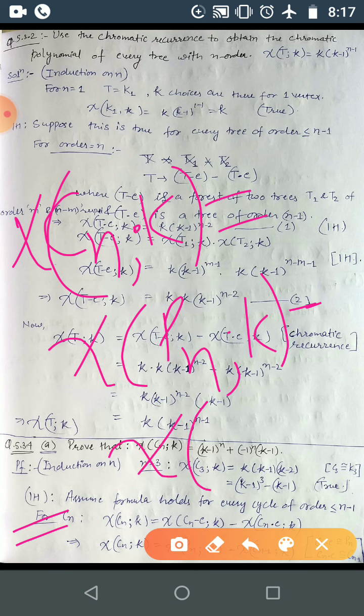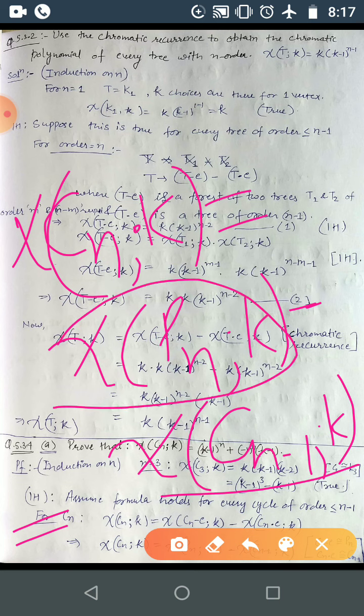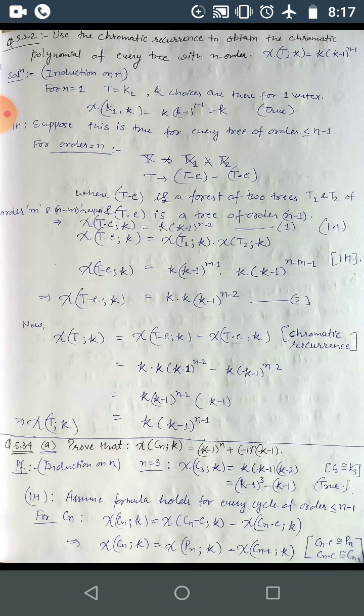Correct? So here if you contract one edge, then that edge will shrink to just one vertex. So you are getting Cn minus 1, the chromatic polynomial for Cn minus 1 when k colors are given, and this one. Correct? And for Cn minus 1 you can use the induction hypothesis, and for Pn you already know. So you can use these formulas to put here. Okay.